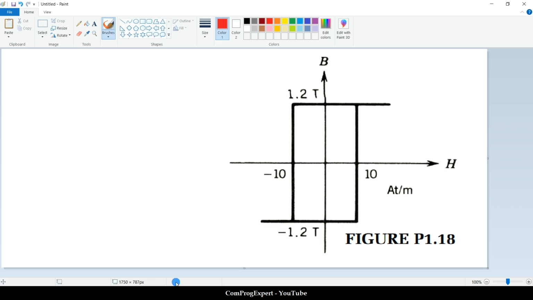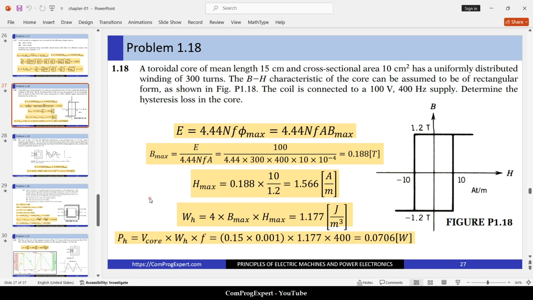But when we calculate the maximum flux density in the core using these numbers given in the problem, as you know, we have a sinusoidal excitation, and we calculated the value of the Bmax. Bmax is 0.188 Tesla. We don't reach 1.2 Tesla, so we cannot use this hysteresis loop.